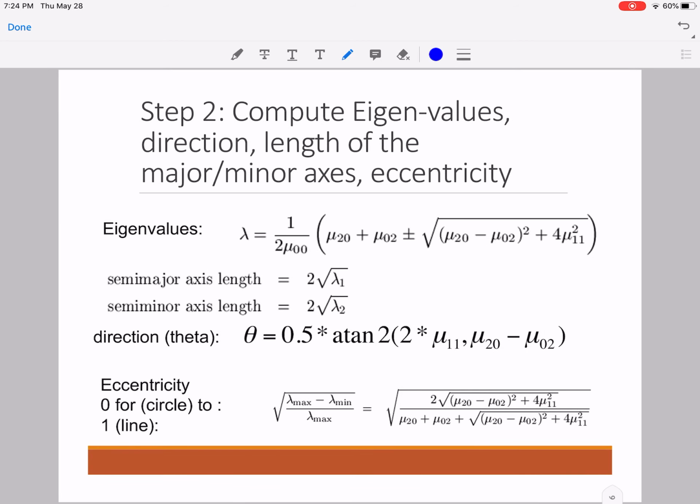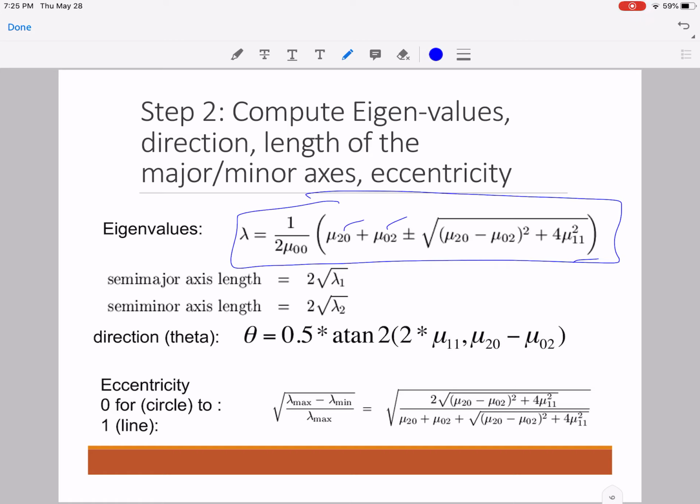So let me give you the actual formula to obtain the eigenvalues and eigenvectors, or specifically the length of these principal axes as well as the direction of these axes. Because our covariance matrix is two-dimensional in nature, I'm going to have two eigenvalues which can be computed by applying this particular formula, where mu20, mu02, and mu11 are the values inside of my covariance matrix.